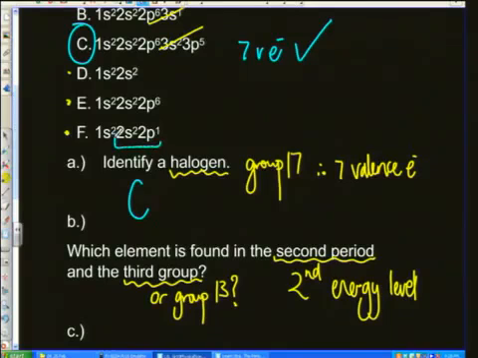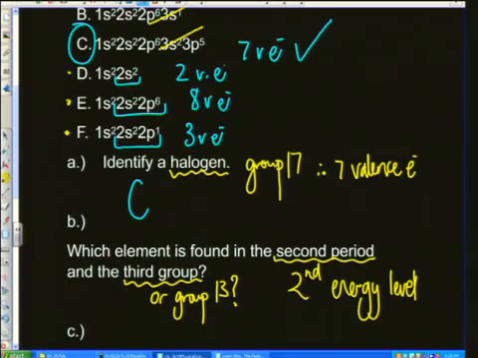So notice here, that's going to have 3 valence electrons. This one is going to have 8 valence electrons. This one only has 2 valence electrons. So my option must be F because it fits both criteria. It's in the second period, which means the second energy level, and it's in the third group because it's got those 3 valence electrons. So my option there is F.